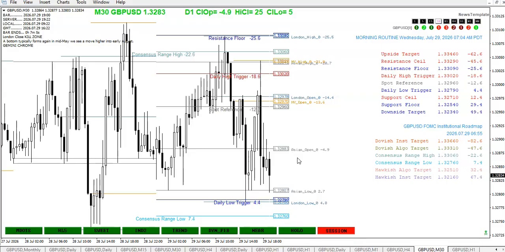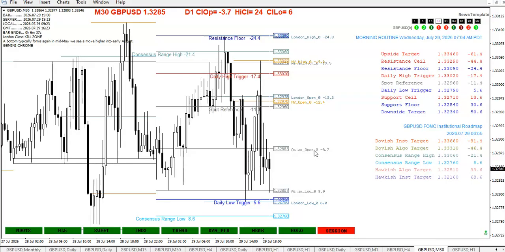So when FOMC comes out, depending on where it is, I might even look to trade the Asian Open crossover. That might be a good trade.